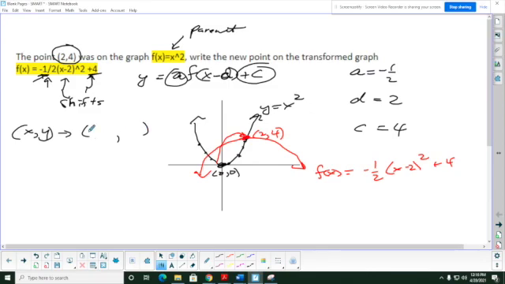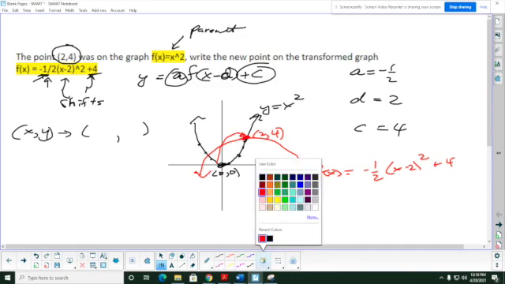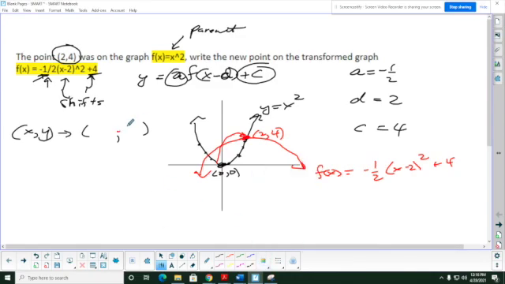So whatever your y value is on your new graph, the red graph in our case, it's going to be multiplied by negative 1/2, and then you're going to add 4, because that's my c value.